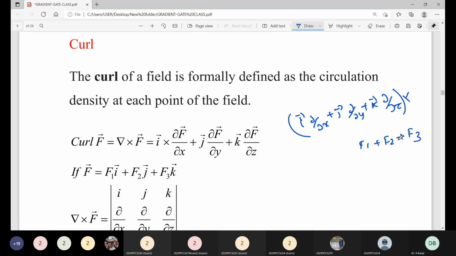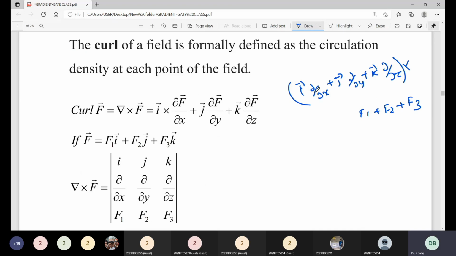That is, with i vector, j vector, k vector, del cross f is equal to the determinant of i, j, k; ∂/∂x, ∂/∂y, ∂/∂z; f1, f2, f3.